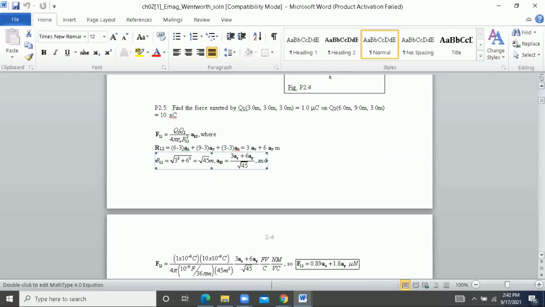F12 is Q1 times Q2 over 4 pi epsilon naught R squared AR. Right? And you can do that math.